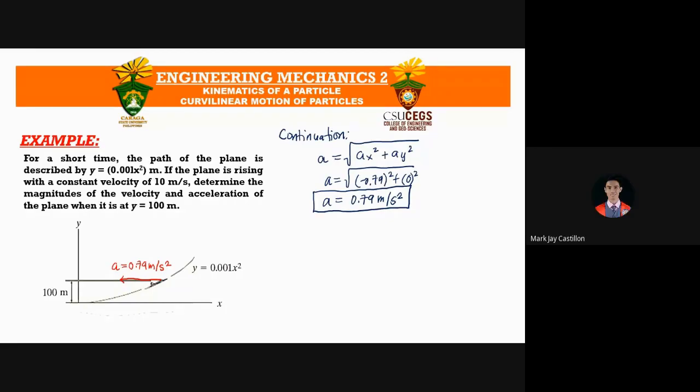It slows down, sir. Decelerate. It slows down or decelerates because its x component is negative, which is a deceleration, and at the same time its y component is 0. So at this moment, where y is 100 meters and x is 316.23, your acceleration is slowing down, or decelerating. So if you look at the figure, this type of acceleration is a deceleration.